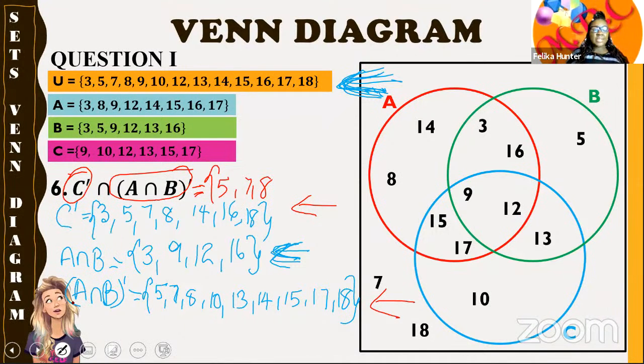Okay, go now. 5, 7, 8, 14, and 18. All right, well done, Peter. Let's see if you missed anything. So 5, 7, 8, 14, and 18. Well done, Peter. So that would be your answer.